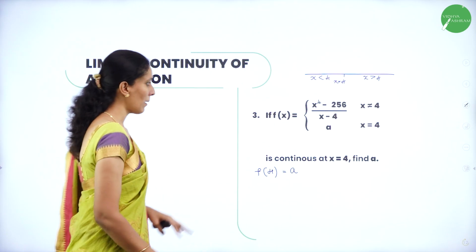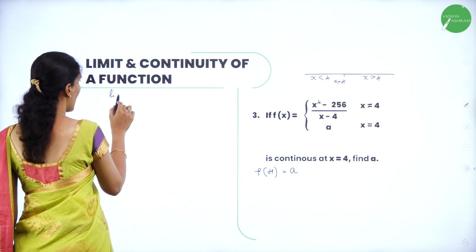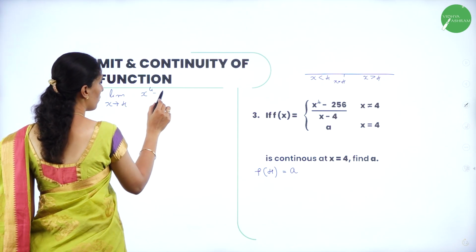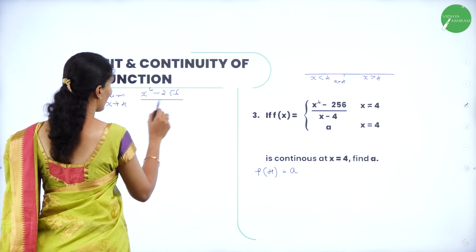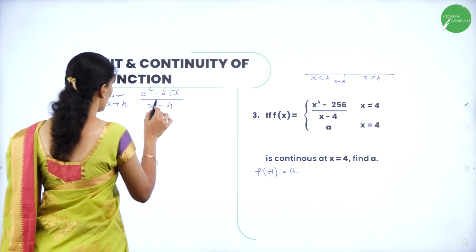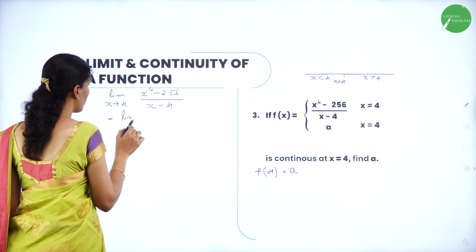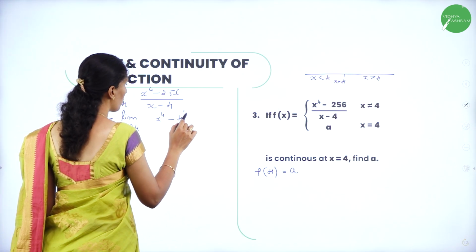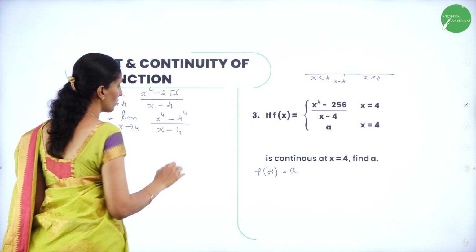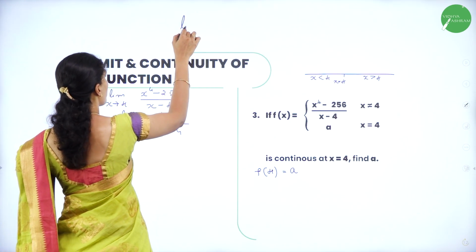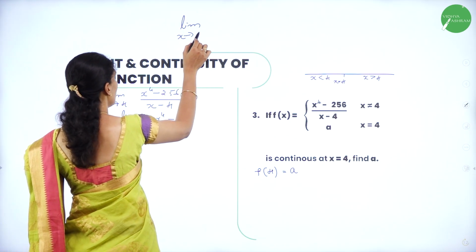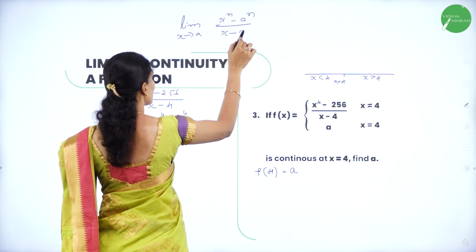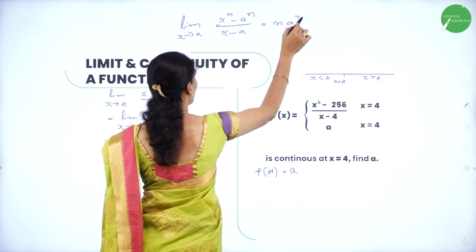So let us directly apply the limit as x tends to 4 for x power 4 minus 256 divided by x minus 4. Now this can be written in the form of limit x tends to 4, x power 4 minus 4 power 4 divided by x minus 4. Remember, the limit as x tends to a of x power n minus a power n divided by x minus a can be written as n into a power n minus 1.